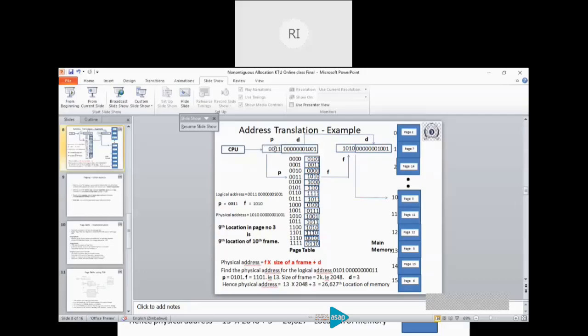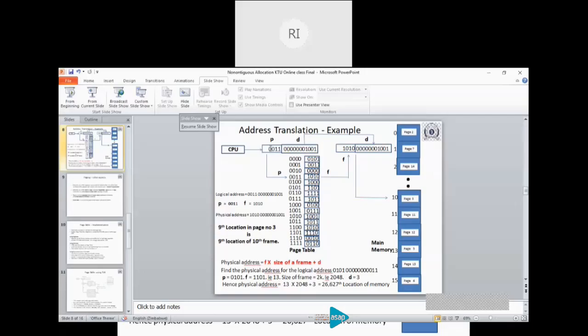So this page number is an index into the page table. 0011 is 3. So the entry in the third position is 1010. This is the frame number corresponding to 0011.